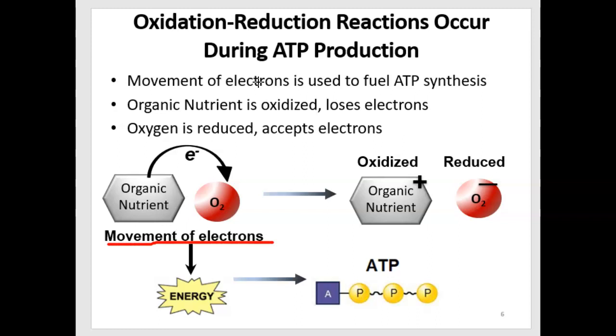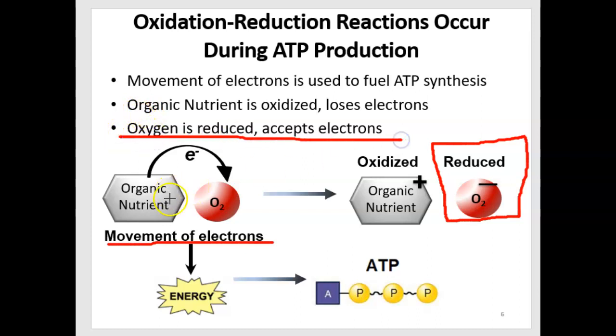So during ATP production, oxidation and reduction will occur. The electrons start out in an organic nutrient and they get transferred to oxygen. And if you remember, that is reduction. So the oxygen is what's going to end up being reduced because it accepts the electrons. The organic nutrient loses the electrons, so it becomes oxidized.